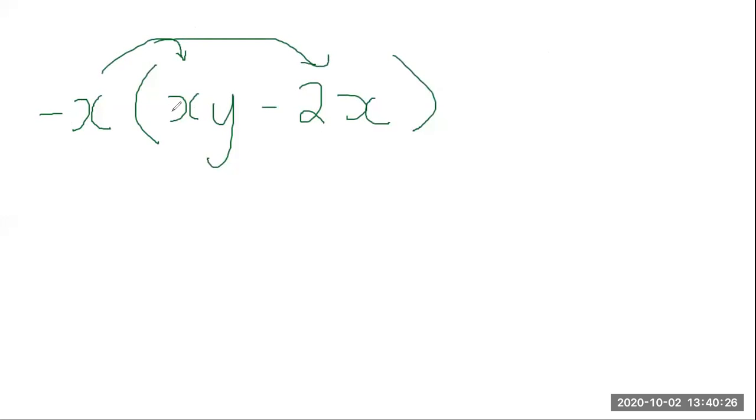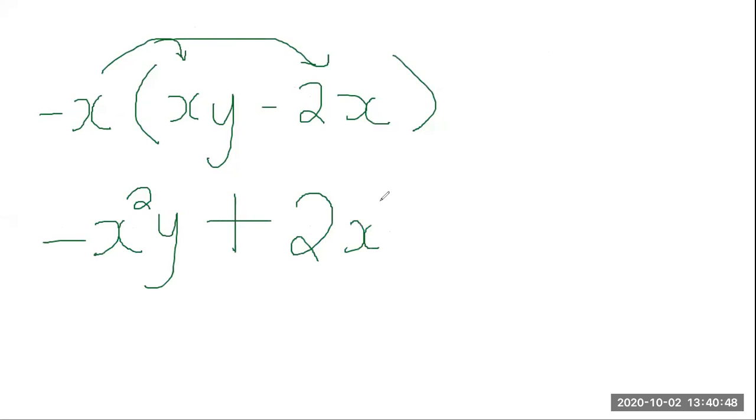Negative x times xy would be negative x squared y, because a negative times a positive is negative. Now let's do the other part. A negative times a negative is positive, and then my answer becomes 2x squared.